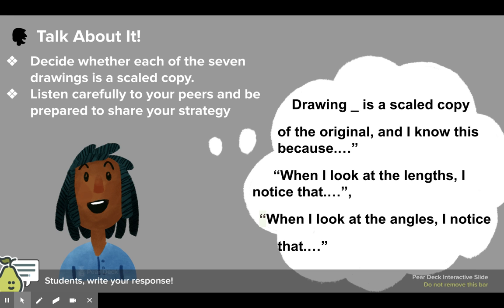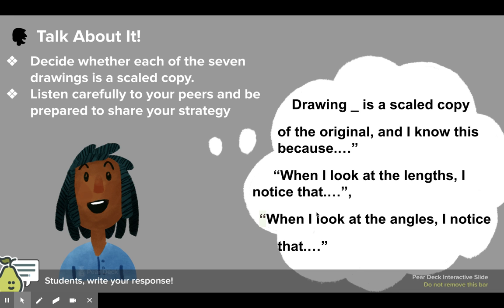In your response, guys, you can use these sentence stems. Drawing blank is a scaled copy of the original, and I know this because, and then give me your explanation. You can use something like, when I look at the lengths, I notice blank, or when I look at the angles, I notice something else. So once again, use these sentence stems as an opportunity to write your response.